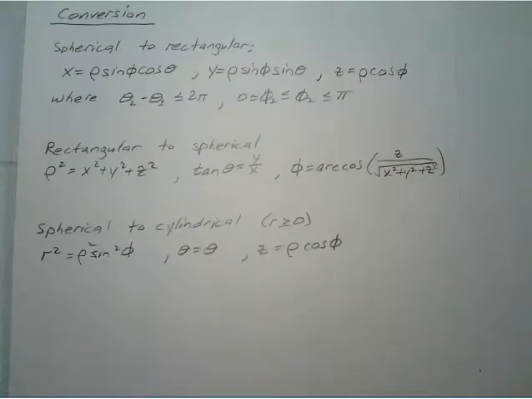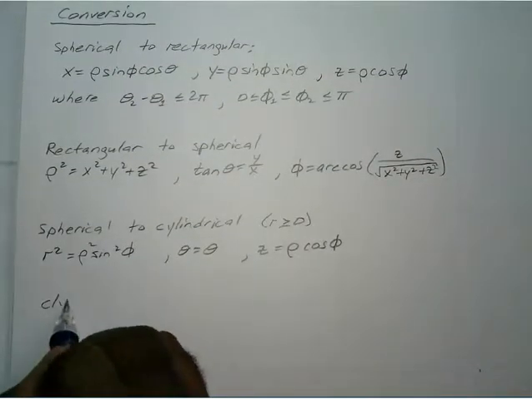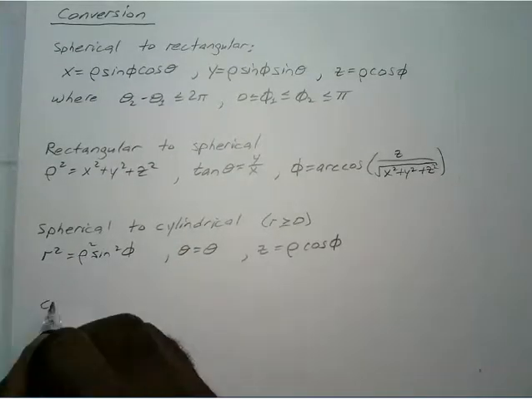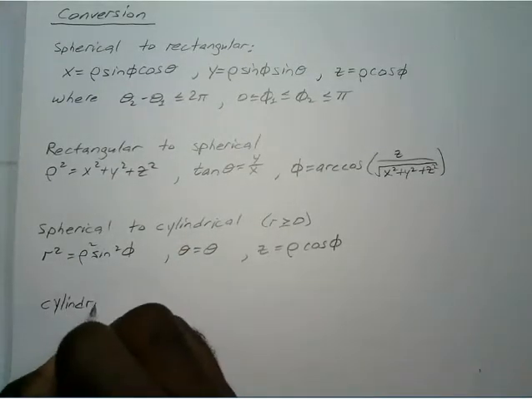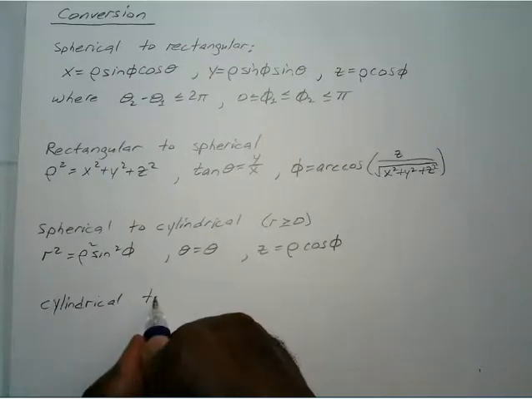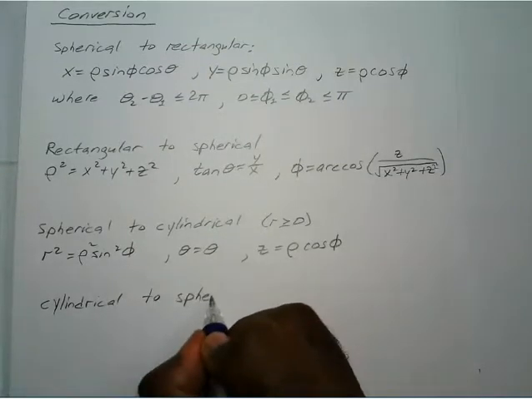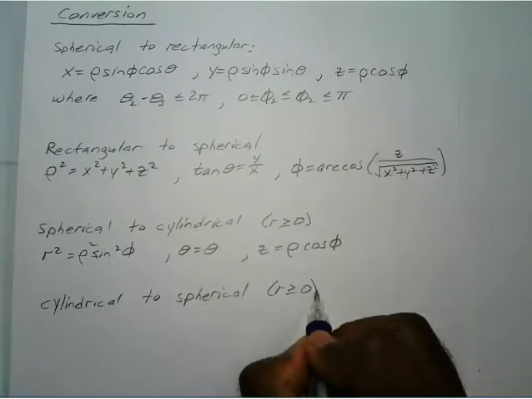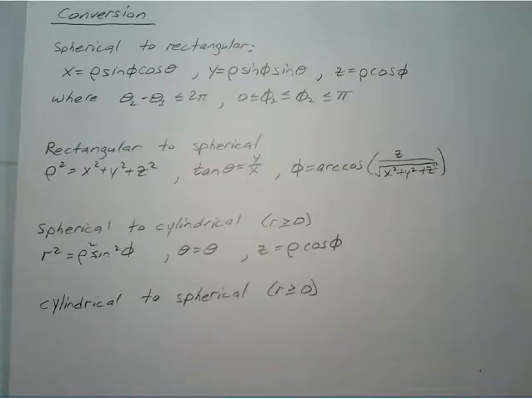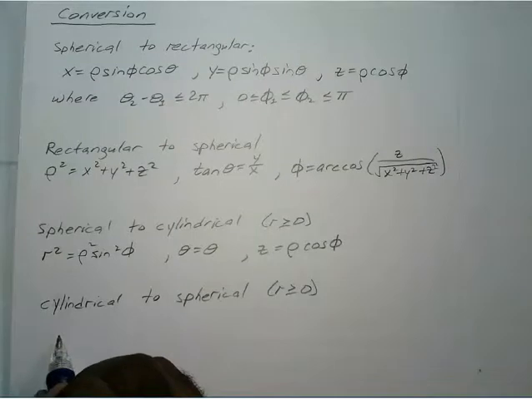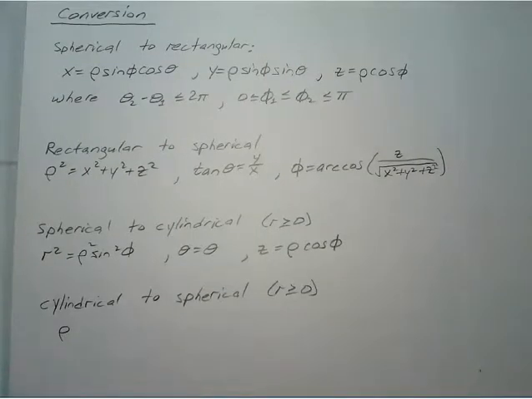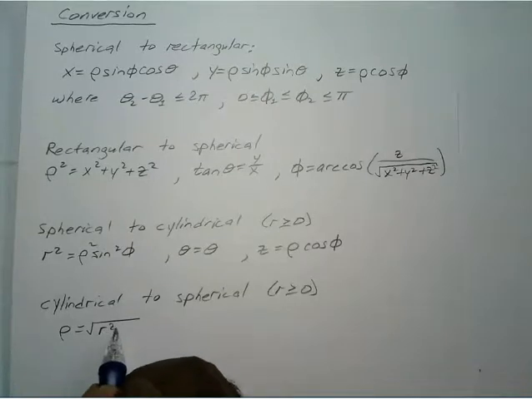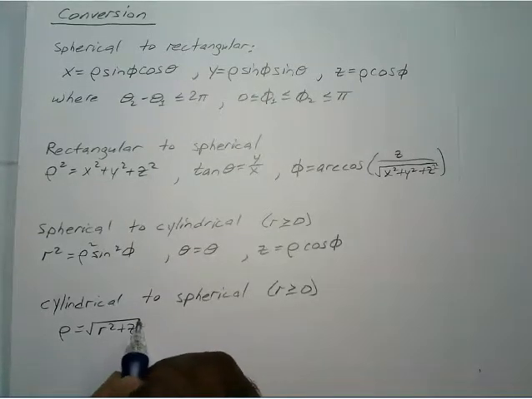Okay, and if we wanted to go cylindrical to spherical, of course, for a radius that's non-negative, our rho will be equal to the square root of our radius squared plus our z squared.